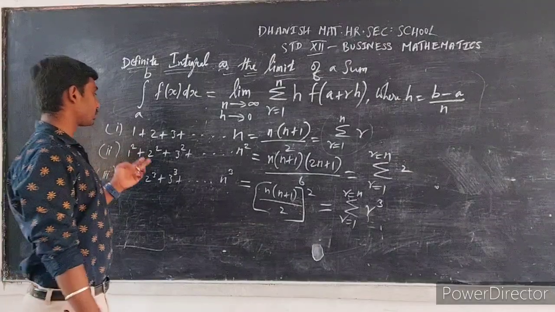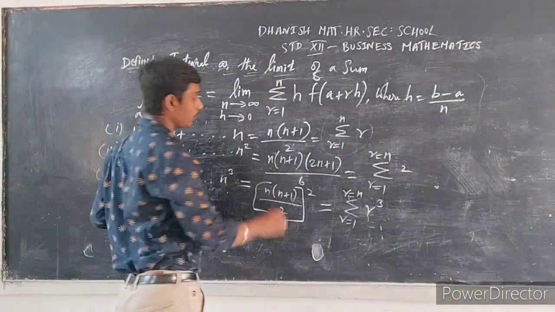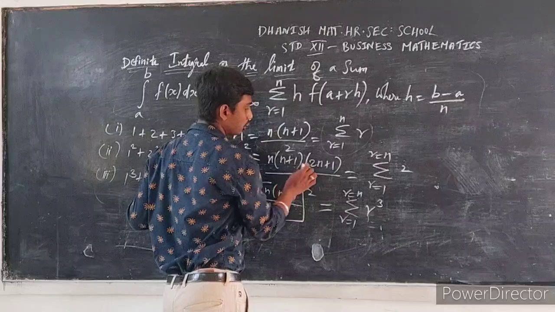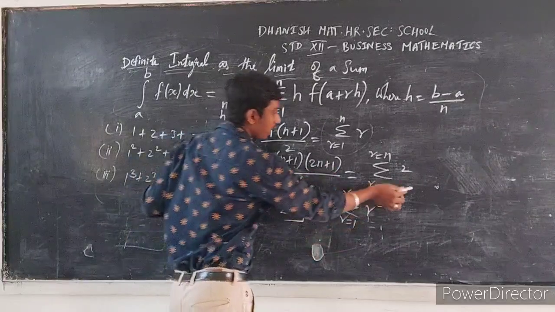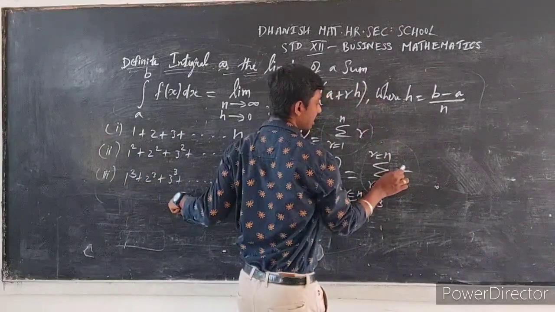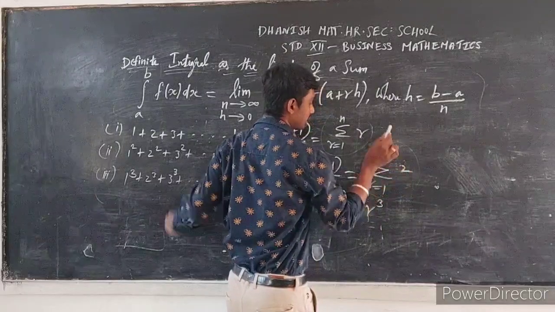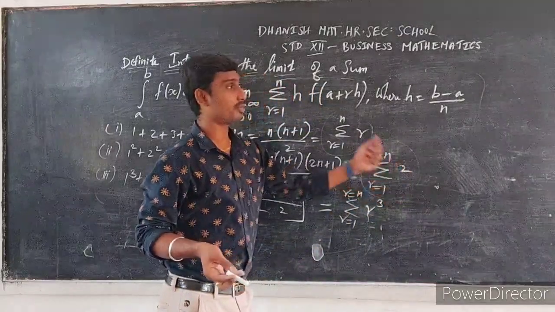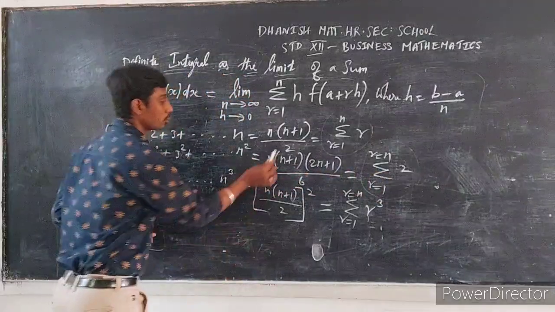Then here, 1 square plus 2 square plus 3 square up to n square equals n into n plus 1 into 2n plus 1 divided by 6. If the condition in the sum is the summation of r cube, you have to use this formula.